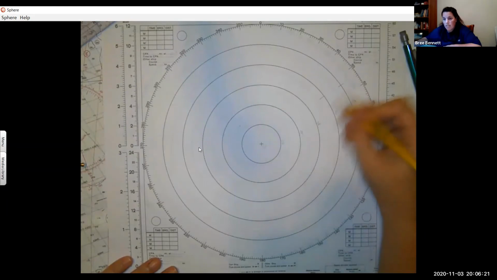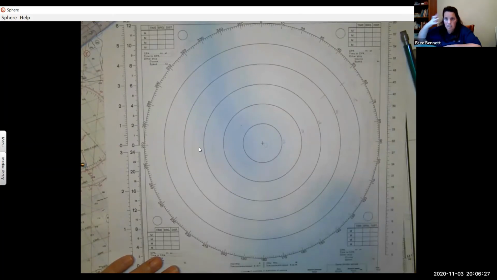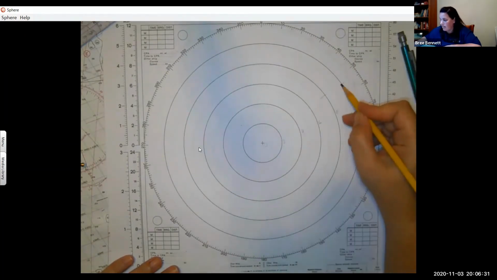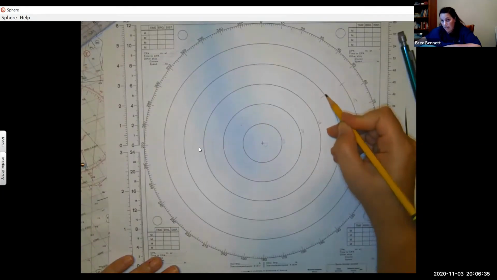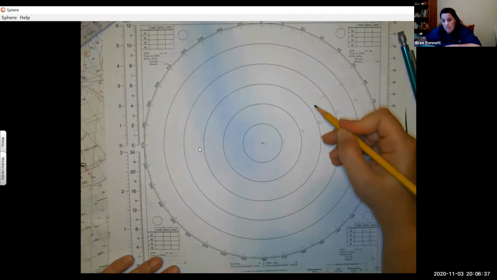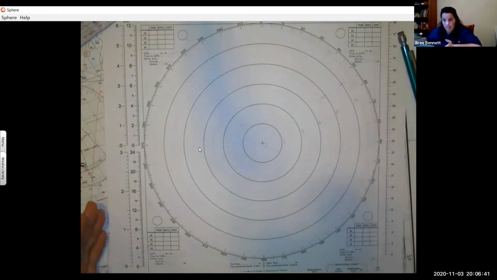When I draw my little lines, instead of drawing big lines, I'm kind of guessing it in my head. This was exactly 10. This was 7.9, so I drew my line a little bit less than 8.